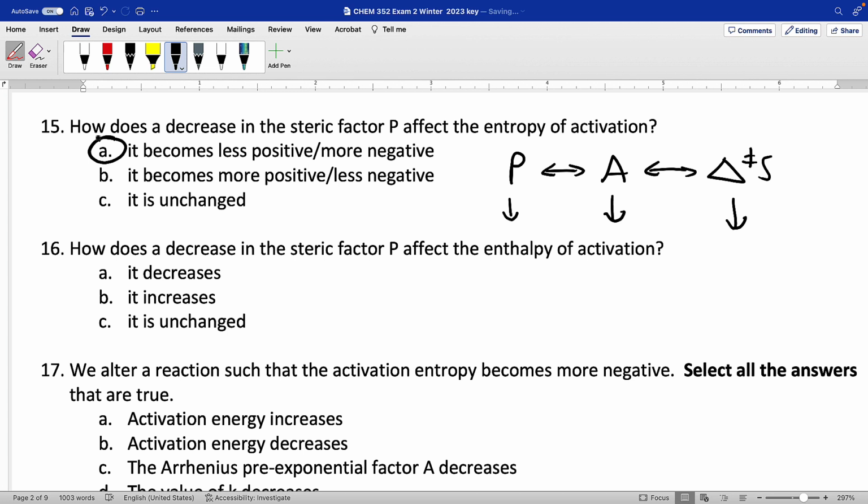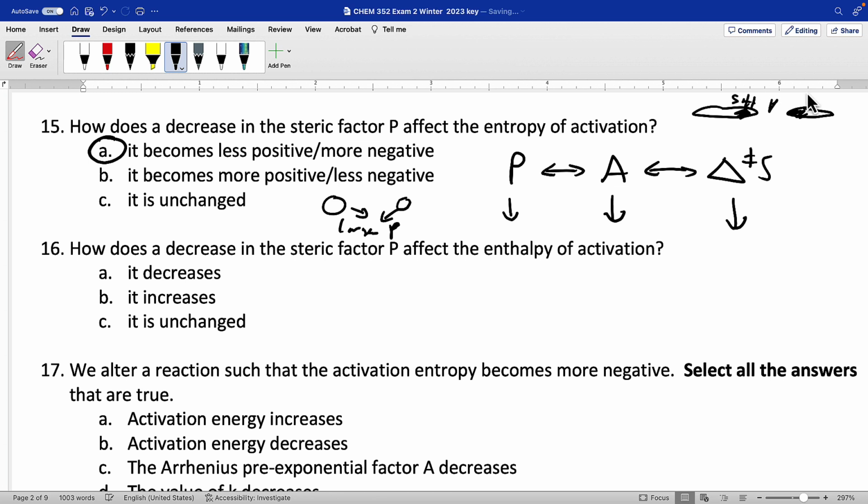So if you go from this type of reaction, which would have a relatively high steric factor, to this type of reaction where the molecules have defined ends and they have to be oriented a certain way, maybe they have to be end-on approach, then this would have a much smaller P. This is large P, as we discussed earlier, this is small P.